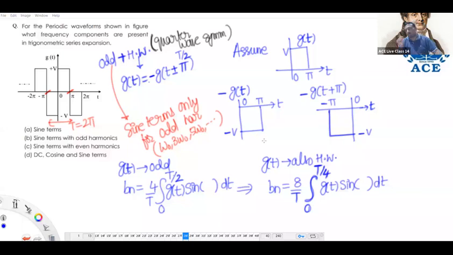Be careful. If the word odd harmonics is used, don't forget to check half wave symmetry in the options.